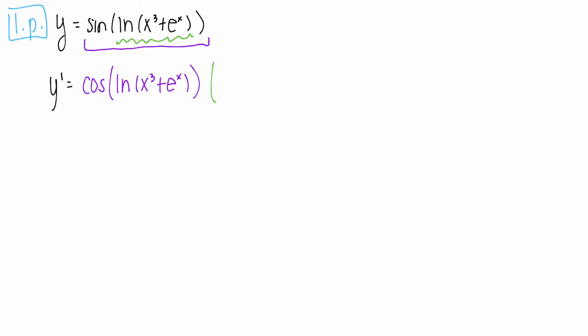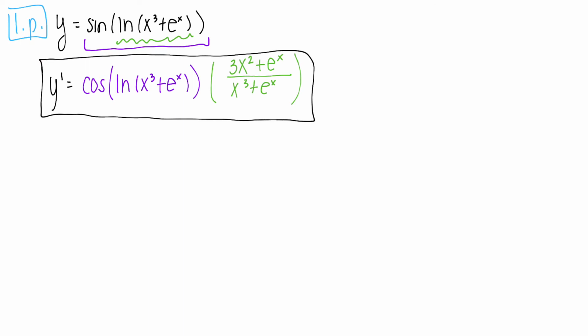So the derivative of the inside is 3x squared plus e to the x, over the inside, x cubed plus e to the x. And again, we don't have to do another chain rule here because the chain rule we would be doing is this part right here that we already took care of. And that's that for 1p. That's it for 1. Whew.